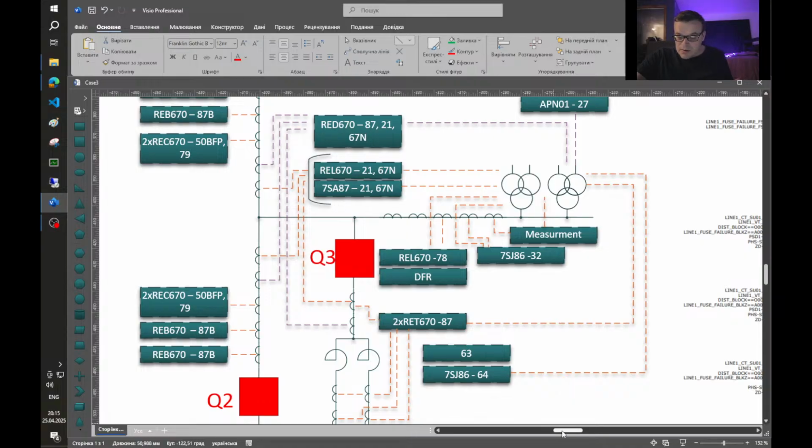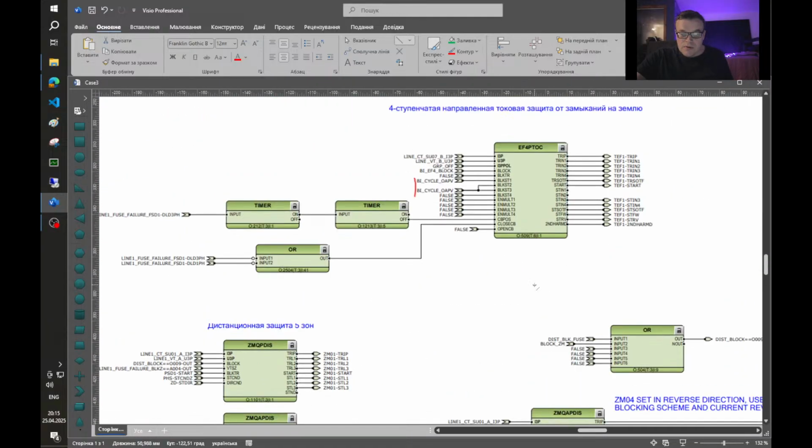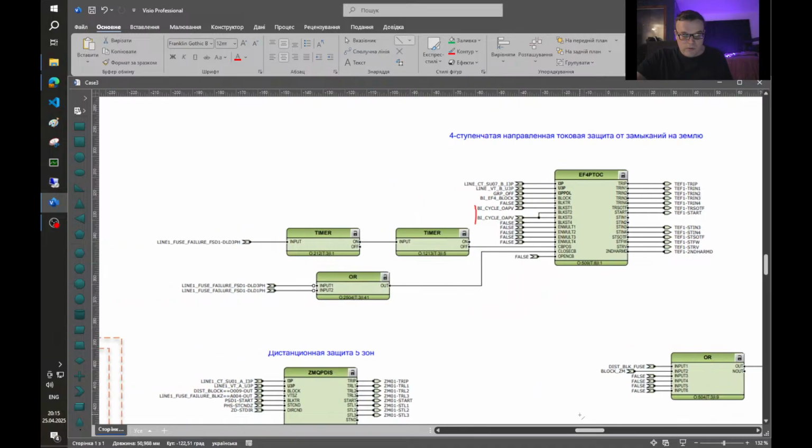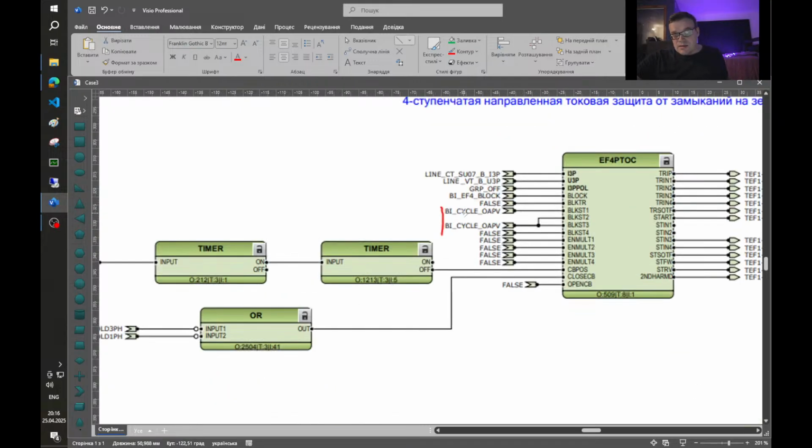And let's look a little bit at the logic of REL 670 because it's more obvious and easy to see the logic. So this is part of the logic of the neutral overcurrent protection, and this is a binary input that is asserted while a single phase AR is in progress. And as we can see in this case, first, second and third stages are blocked.